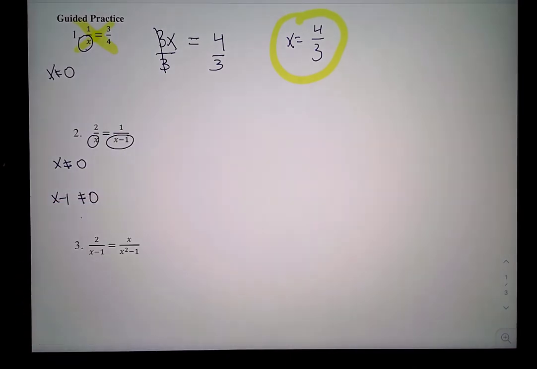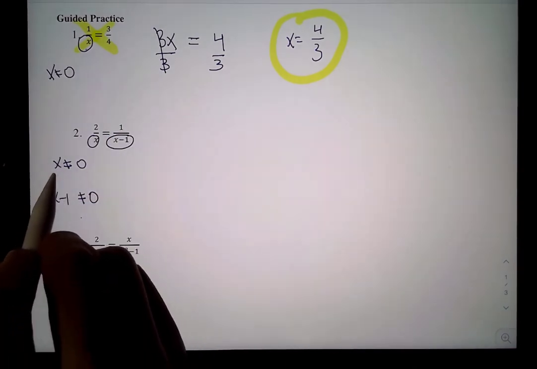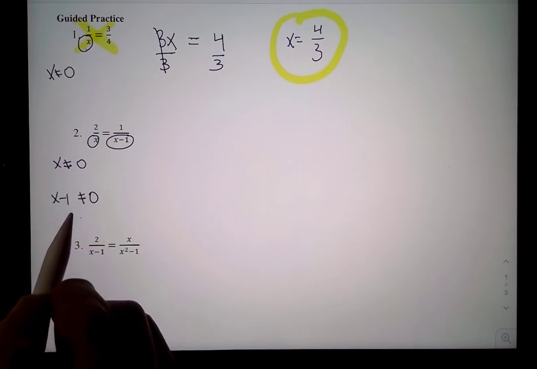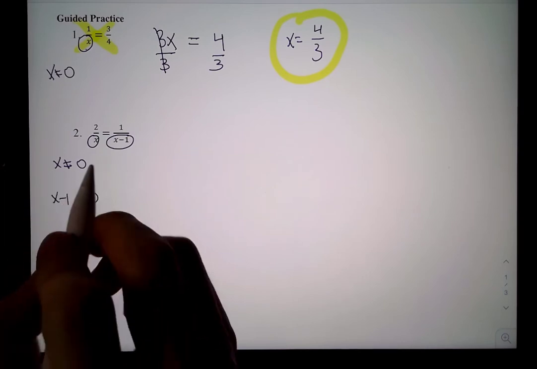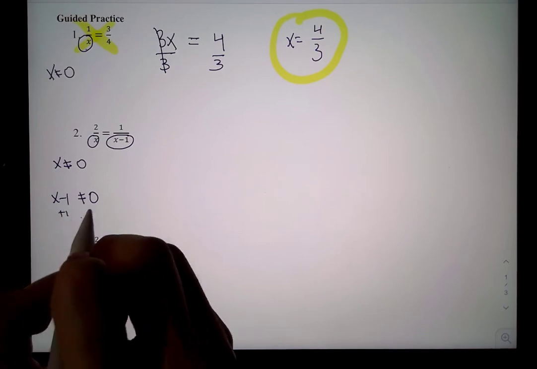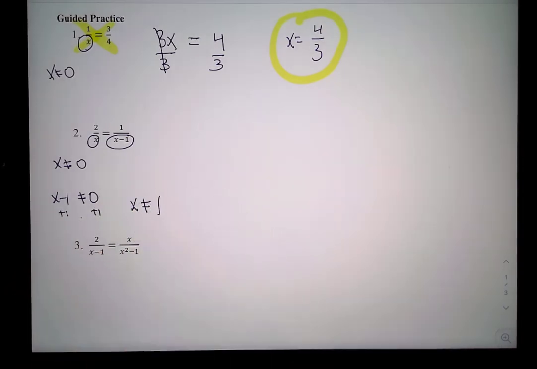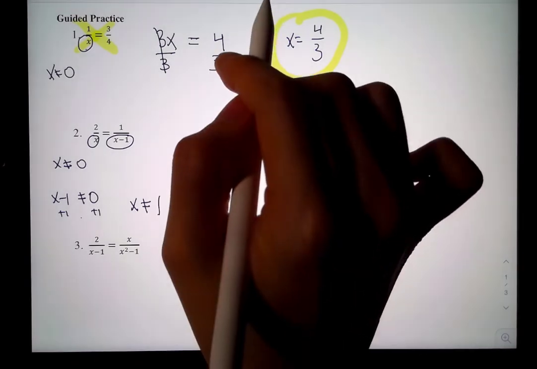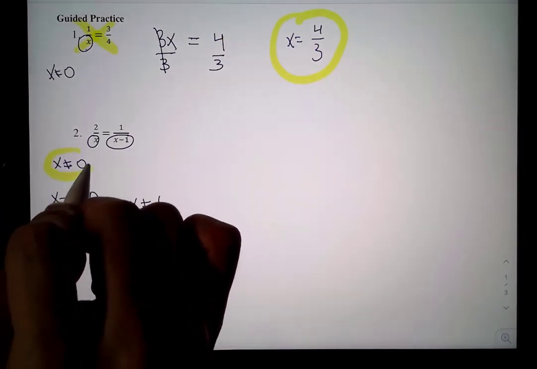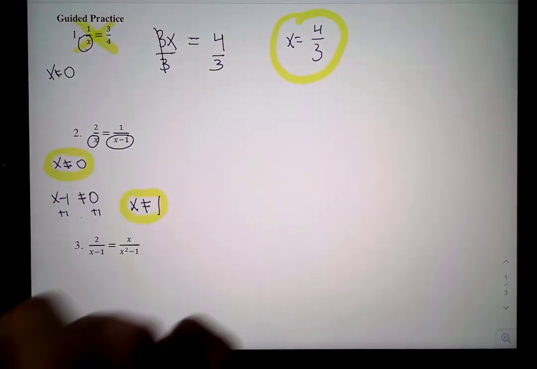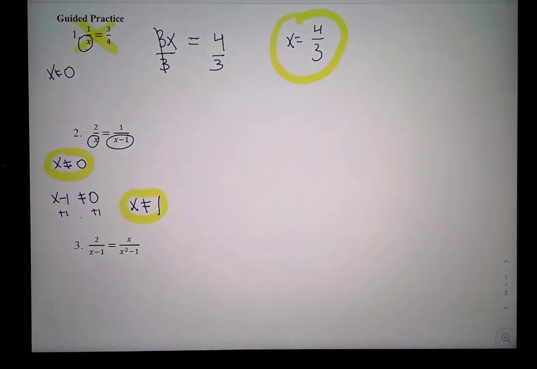They cannot be 0, right? You don't need to do anything for this one. And from this one, x minus 1 is not 0. Then you need to do what? Plus 1, plus 1. So that means x is not equal to 1, right? So x is not equal to 0. X is not equal to 1. So after you solve the equation, if you end up with 0 or 1, then we need to get rid of it because that's an undefined value.